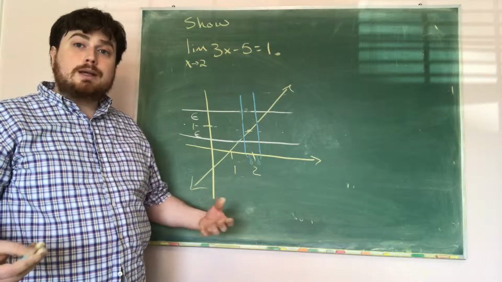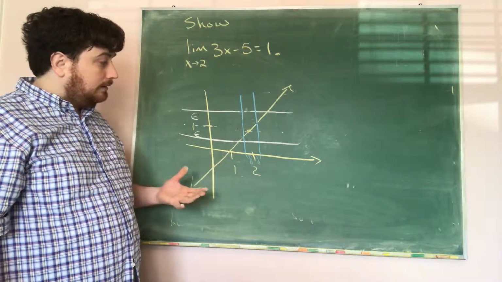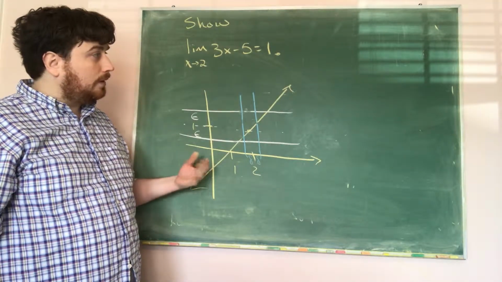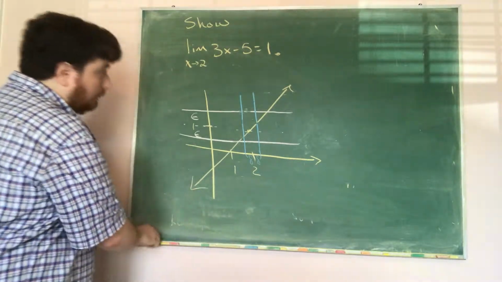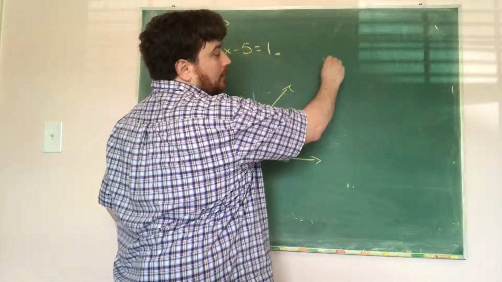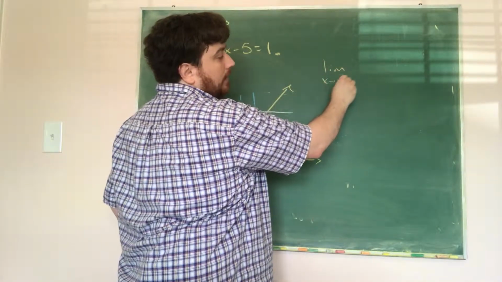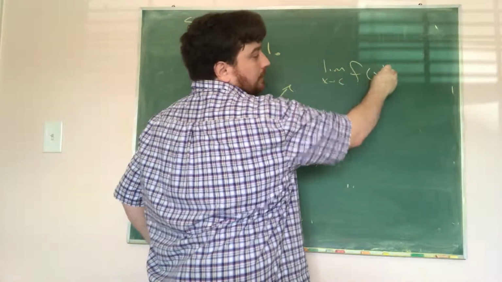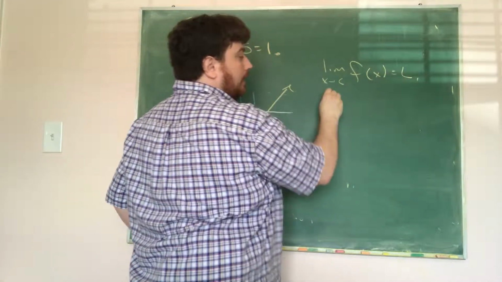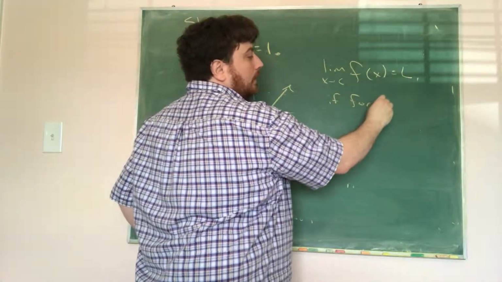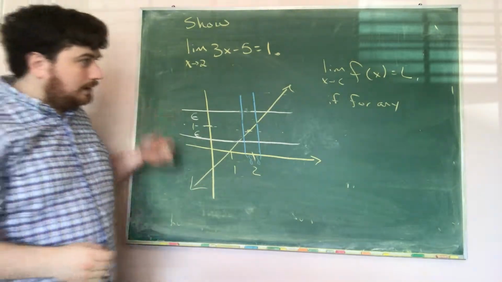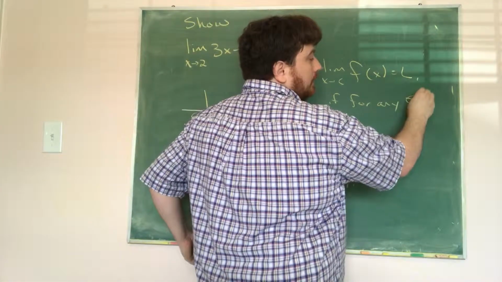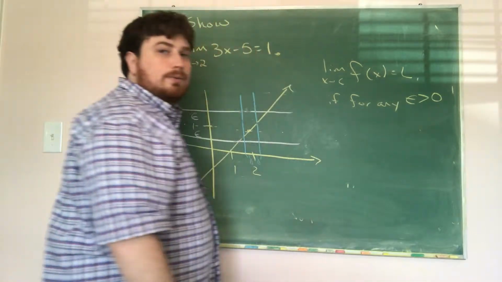So what we want to do next is take that idea and turn it into a formal definition. We're going to say that the limit as, in general, x goes to c of f of x is equal to L, if for any number that you give me, that is, any epsilon which is positive.